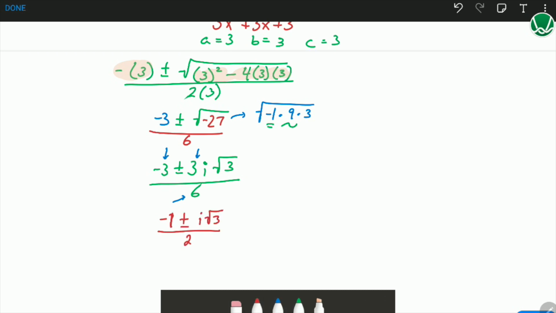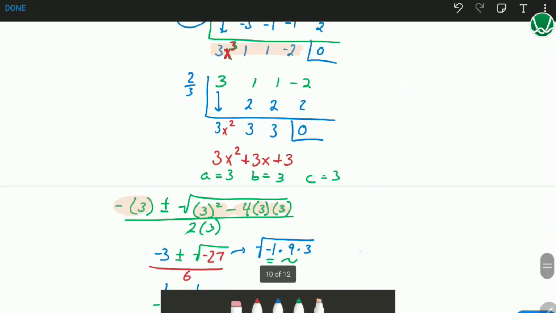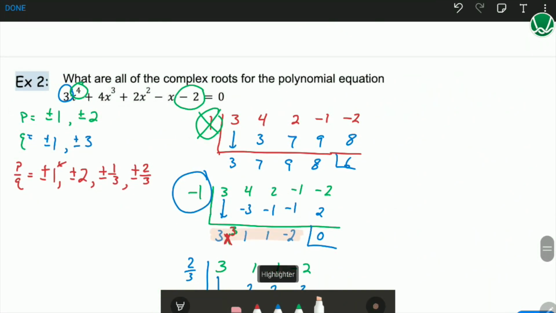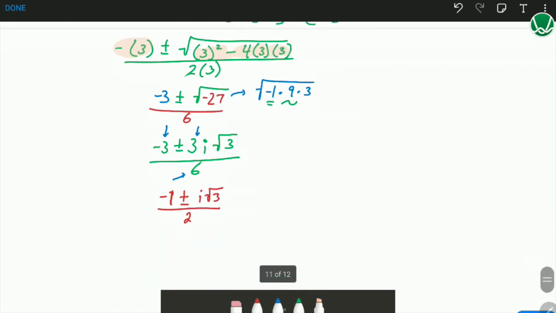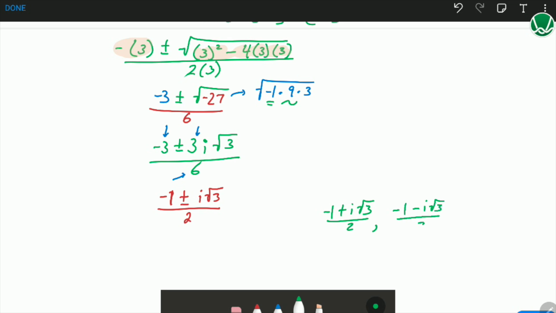In summary, our four solutions are going to be, and yes, 4 solutions, if you've forgotten, our degree is 4, so that means we should have a total of 4 solutions, or 4 roots. But our 4 solutions are going to be negative 1 plus i radical 3 over 2, negative 1 minus i radical 3 over 2.